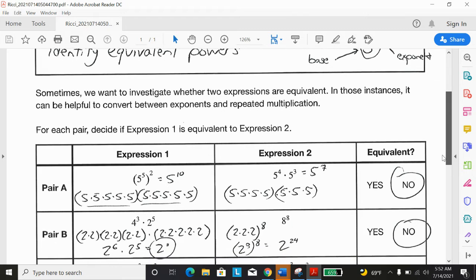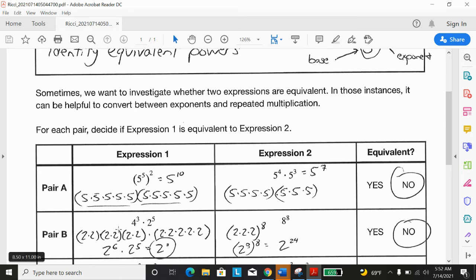Let's look at the next one. Now this one looks a little weird because you have different bases, right? At least you have the same base up here. So what I did here is I realized that I can make a base of 2 out of 4. So 4 is really 2 times 2.